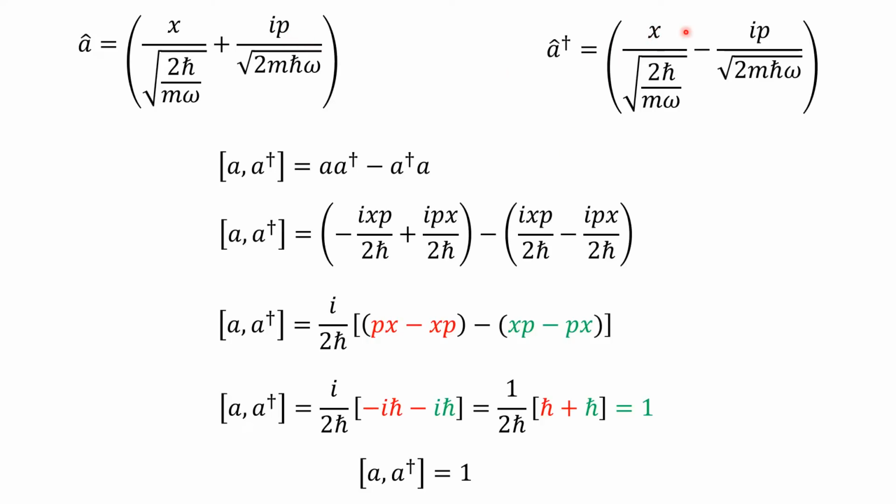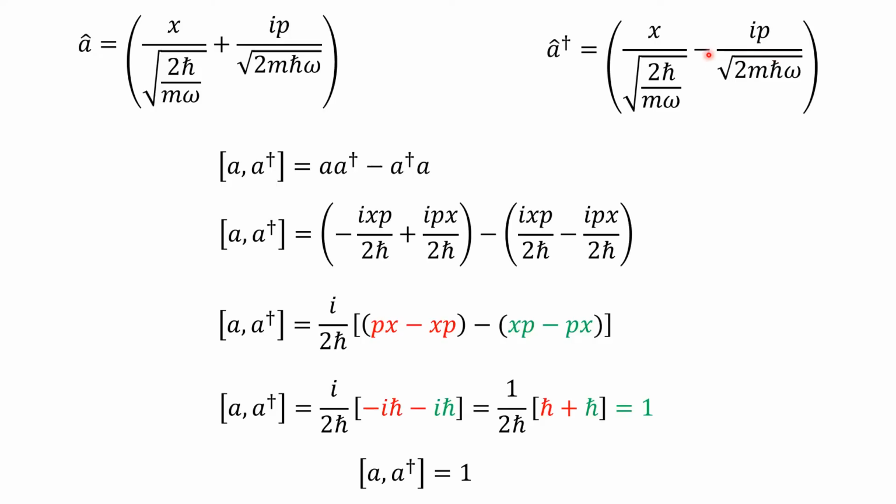X is an operator, so this will become iXP. With the same logic, because in the denominator you have square root of m omega and in the numerator you have square root of m omega, it will get cancelled. So you will get square root of 2 h cross and square root of 2 h cross, which will become 2 h cross.